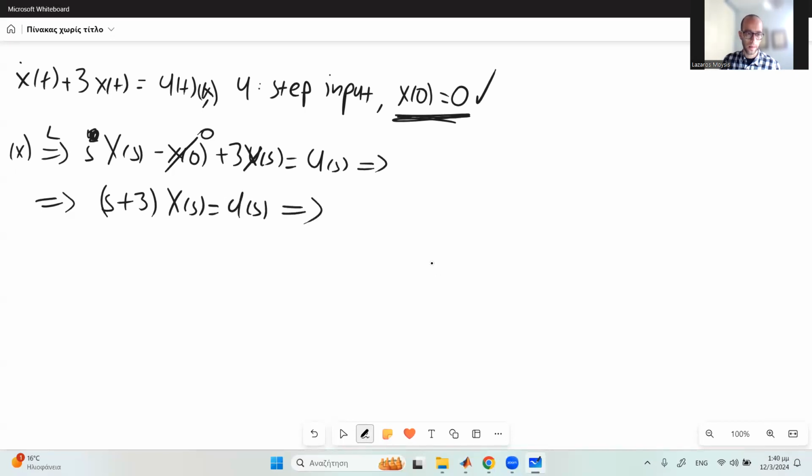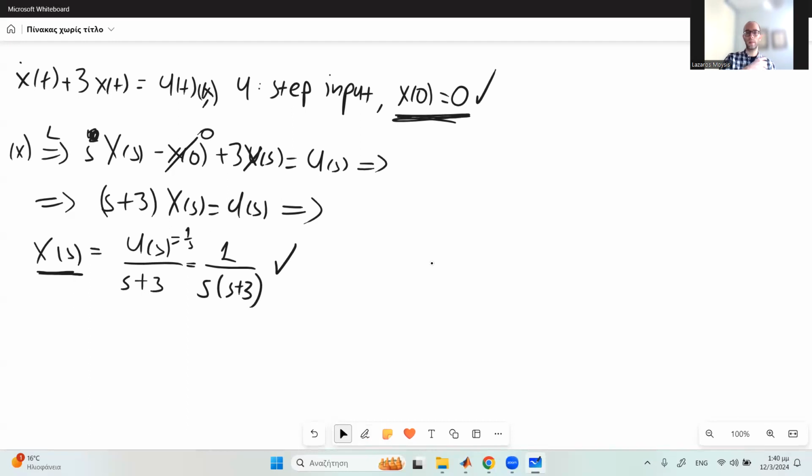Nice. And then we need an expression for x of s because that's the function we're trying to find. And this becomes u of s over s plus 3. And of course, this is the step function, and the step function has a Laplace transform of 1 over s. So this becomes 1 over s times s plus 3. Nice. So all is good up until here.